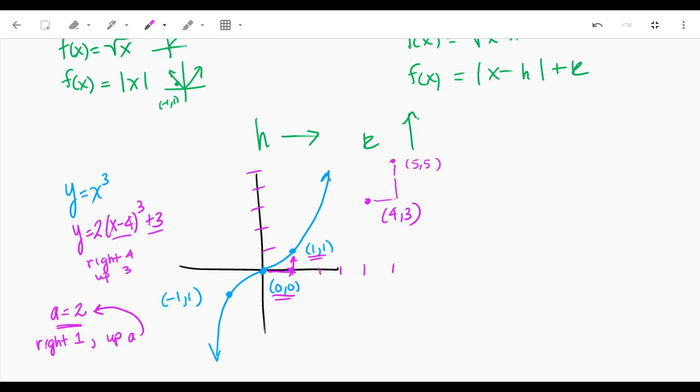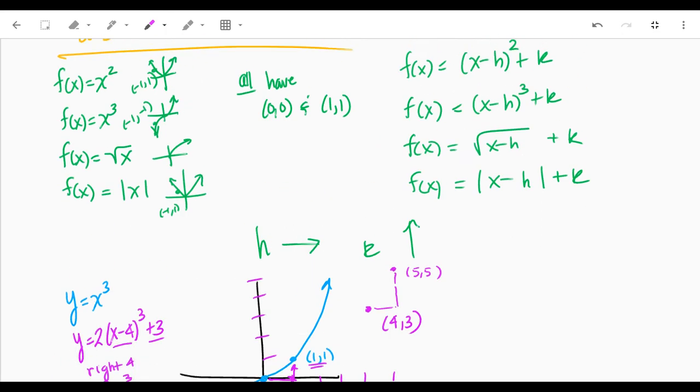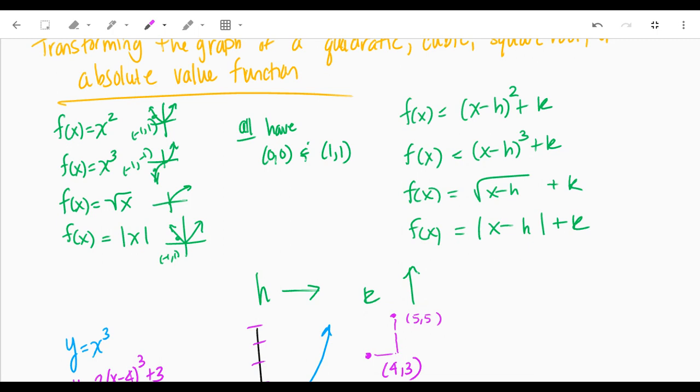Now, for the other ones, the other point that you might need, you can go left 1. Now, for my absolute value and my quadratic, if I go left, I'm going to go up. You can see that if I'm at the vertex and I go left, then I would go up to get to my curve. For my cubic one, go left and then go down. And for my square root one, there's not another point.